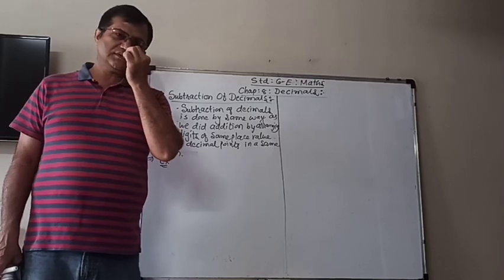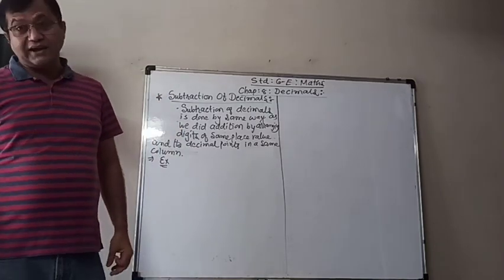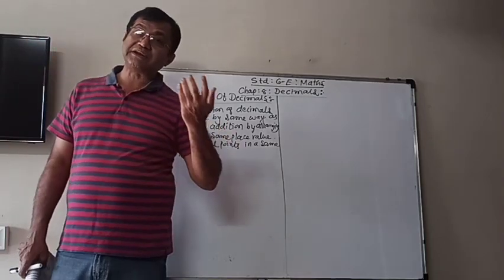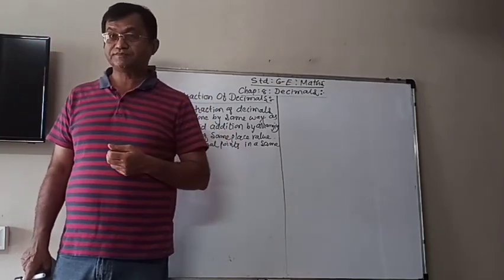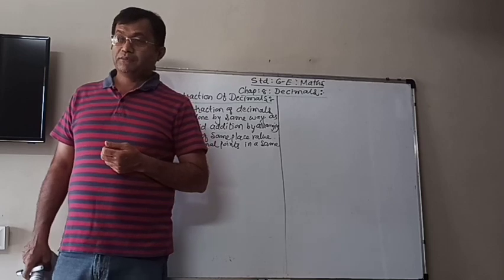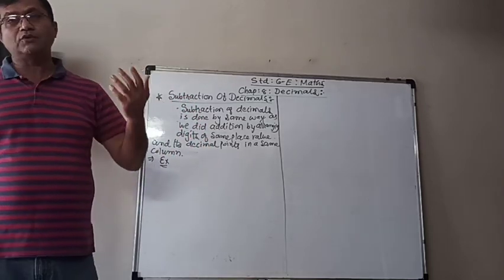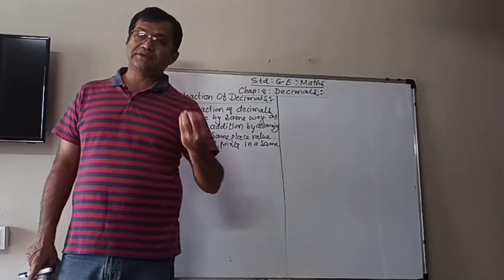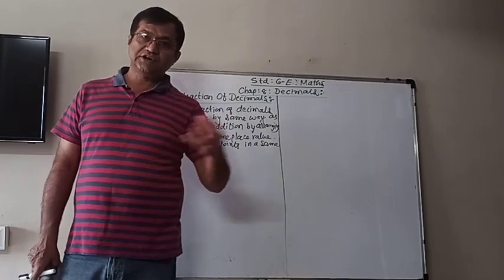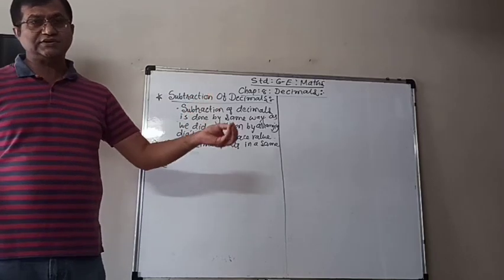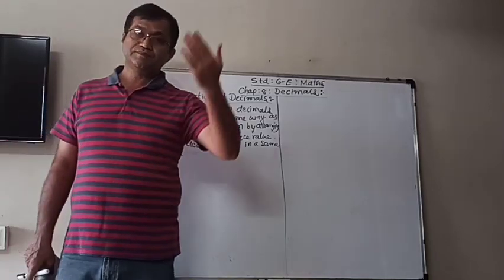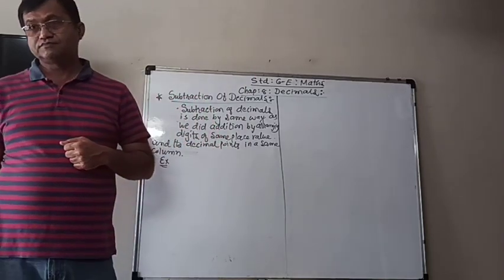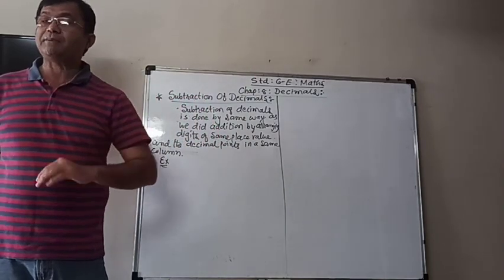Now we already learned how to add the decimals. Now sometimes we need to subtract also, because sometimes we go to buy some goods whose values are in decimals, 3 rupees and 25 paise, 10 rupees and 90 paise. Now we give a 100 rupees note and we get the money back.